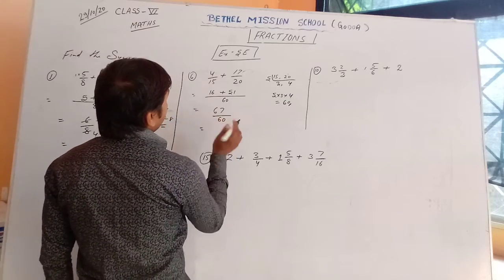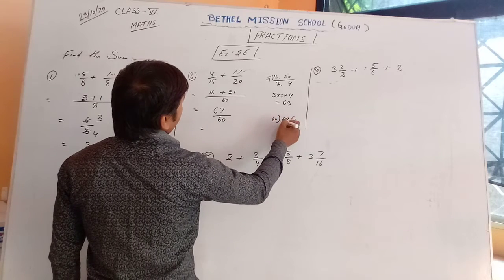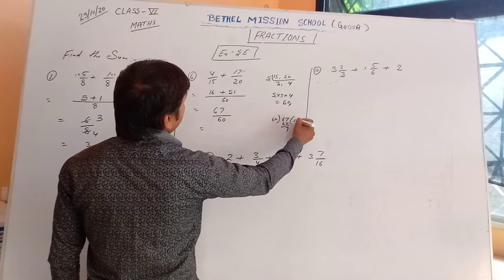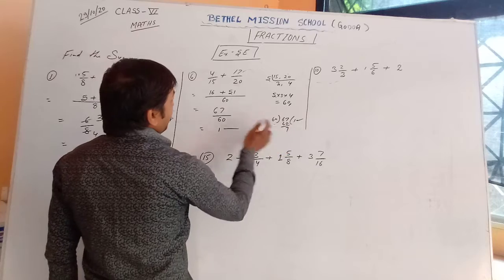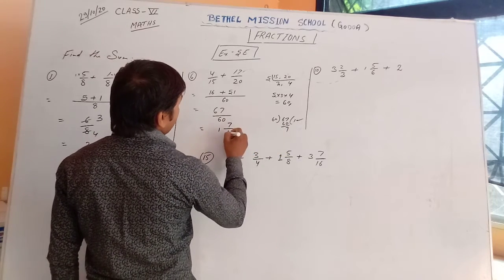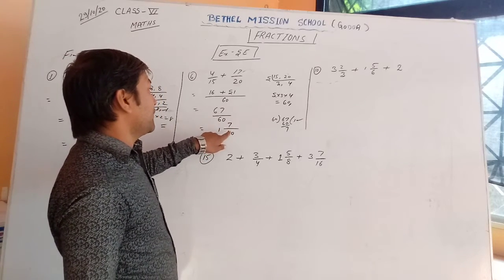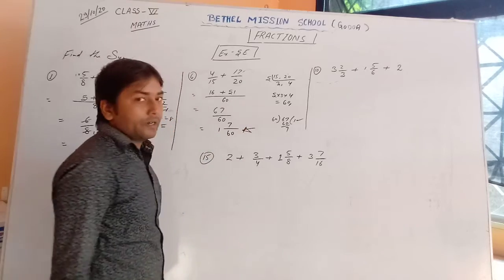So when you divide 60 by 60, one time it will cut, and 7 will be the remainder. So write 1, and the remainder, and then the divisor. 1 and 7 by 60, that would be the answer.